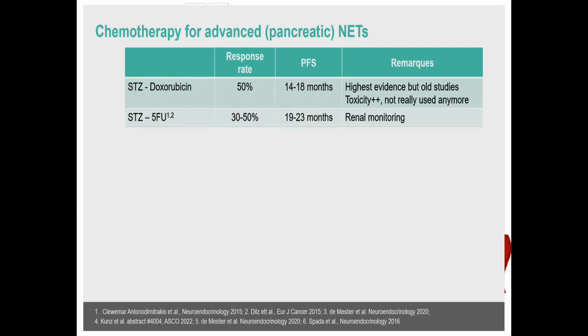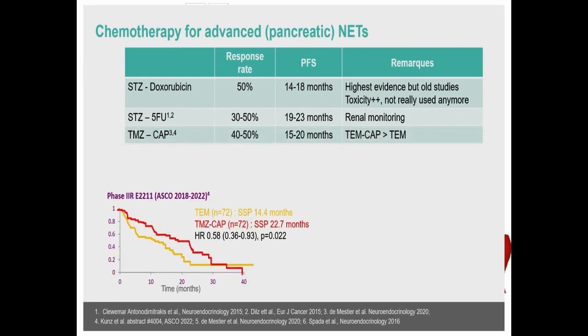The problem is that, as you know very well, doxorubicin has some important toxicity, mainly cardiac toxicity, and is not really used anymore. We do prefer to use strep plus 5-FU, which gives almost the same response rate, and provided you monitor carefully the kidney toxicity, is much better tolerated.